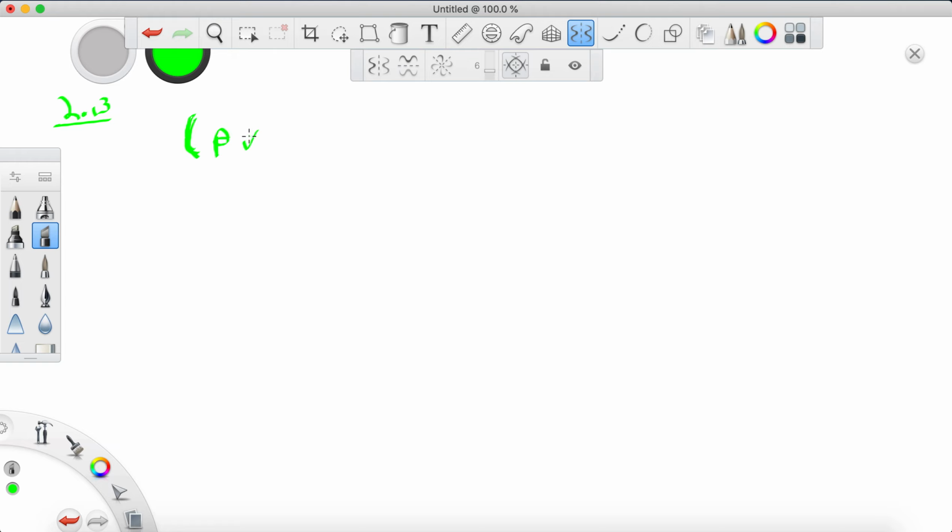This is P or Q and not P. Okay, so basically we want to reduce this as simple as possible. And we always want to explain our reasoning.